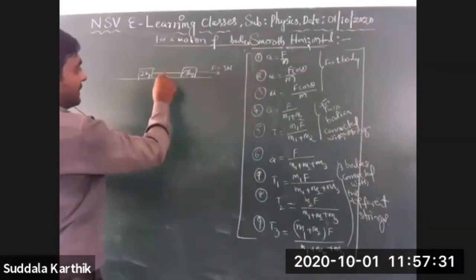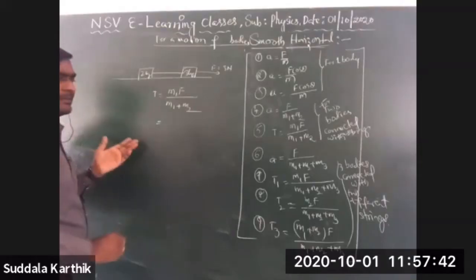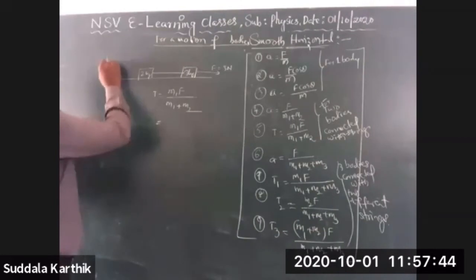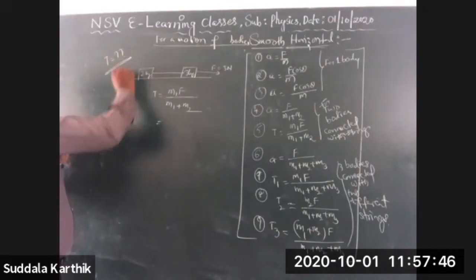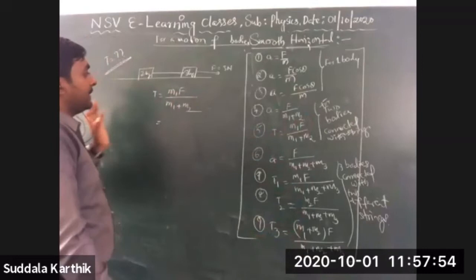T is equal to M1 F by M1 plus M2. That is the formula. Just a direct question. If you know these formulas and concepts very well, you can do the problem easily.